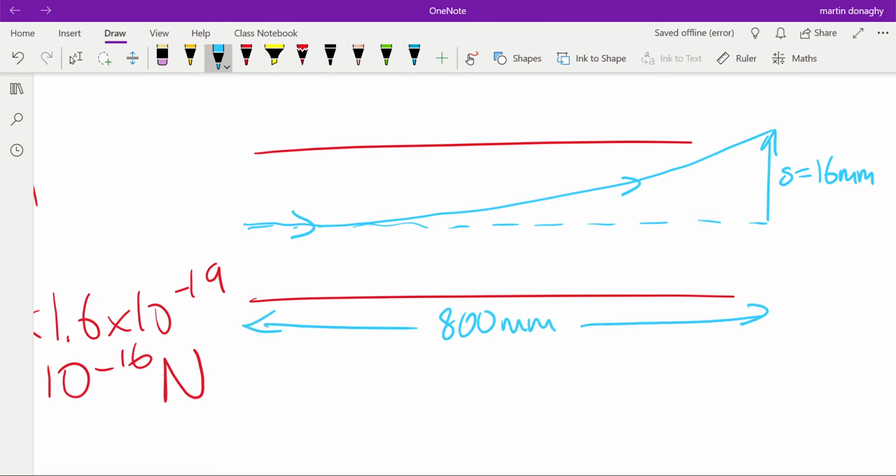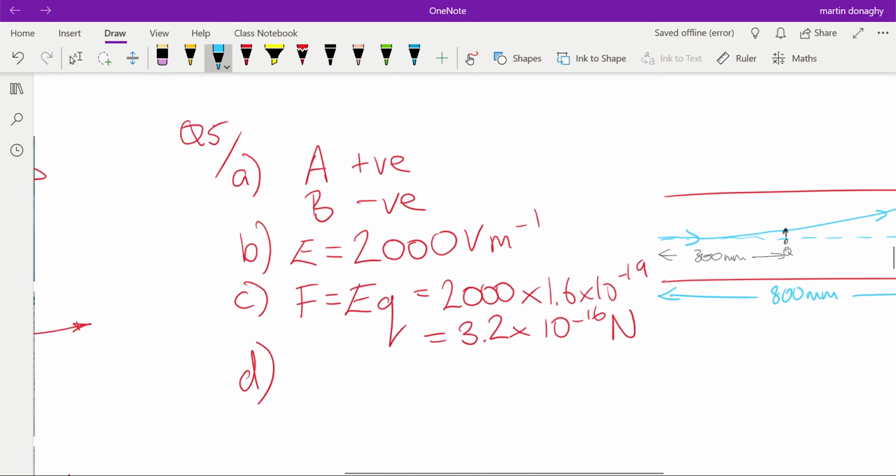from there to there, and we're asked, well, what will happen at point Q? Here you should see the displacement is going to be less. That is 300 millimeters along. Now we're looking at vertical displacement, so we're really interested in the vertical displacement here.